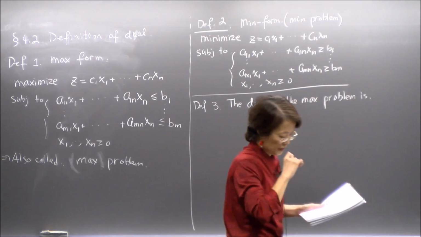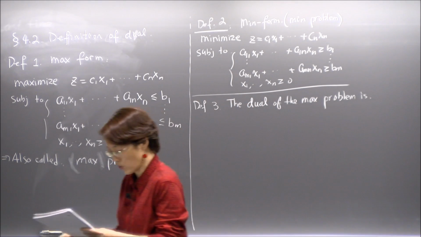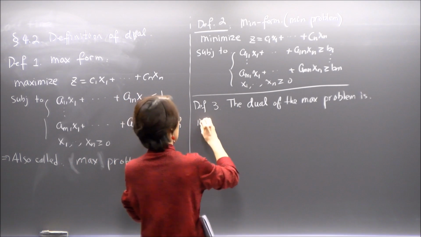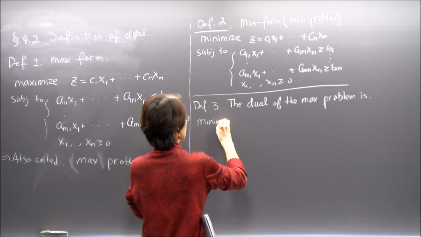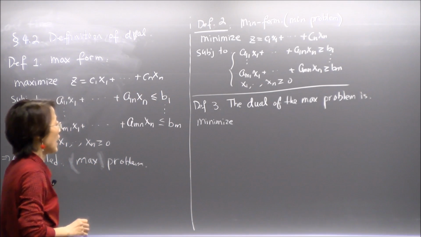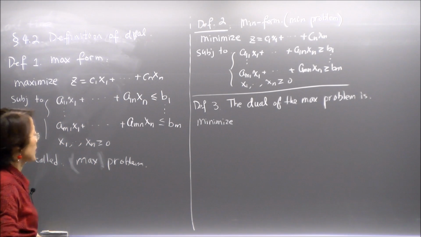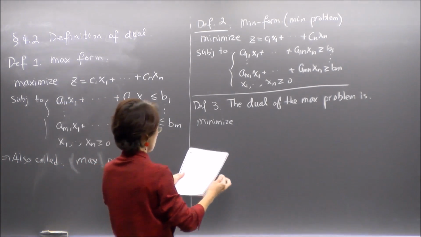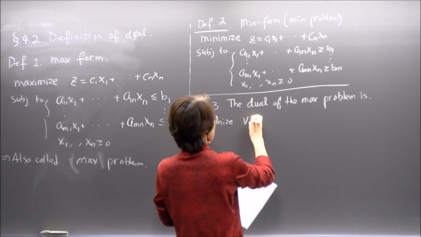is. So taking the max problem, I'm going to form a dual problem. So let's see. I will have the following problem. Minimize. Now, keep in your mind the observation we had of that example. Okay, so I will be minimizing. Now I call my unknowns y.